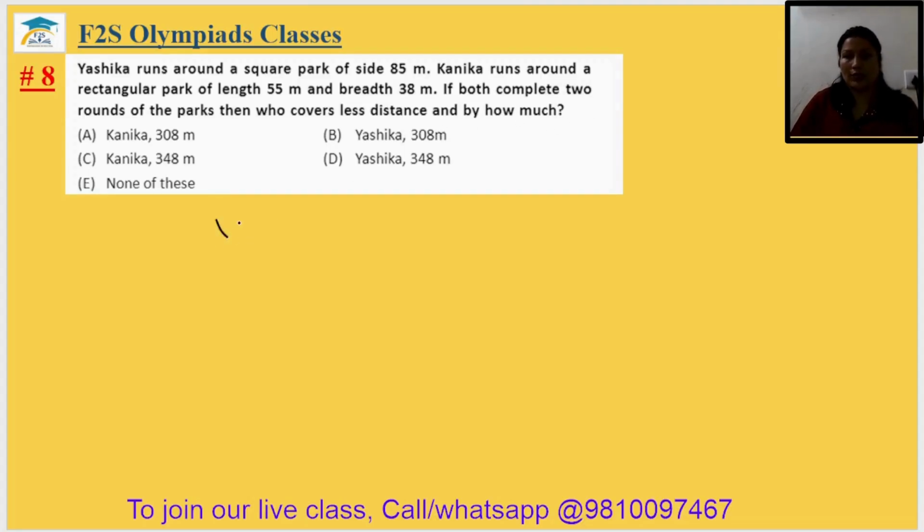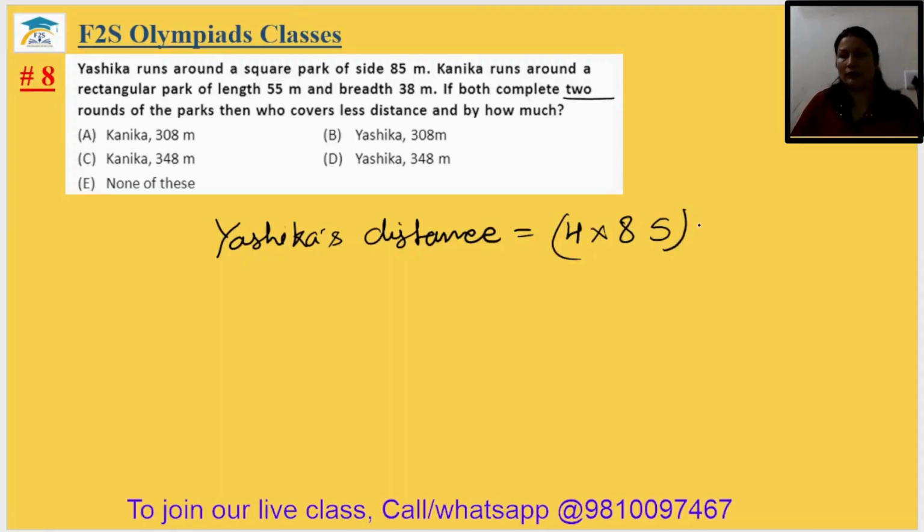So Yashika's distance will be equal to the perimeter of the square, that is your 4 into 85, but both have taken 2 rounds, so it should be multiplied with 2, so it will be your 680 meter.